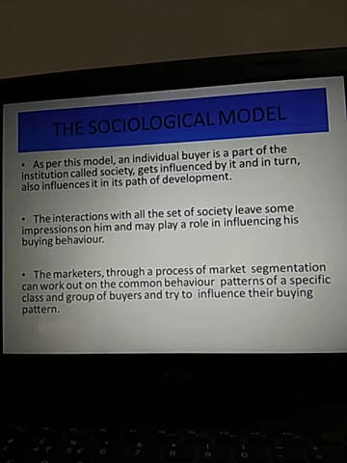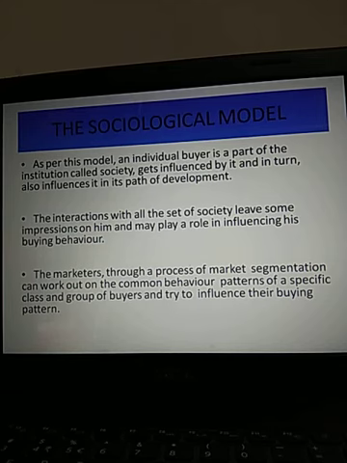The next one is the sociological model. As you all know, human being is a societal animal. We live in a group, we live in a community, we lead our life in organizations. That means whatever the other persons are going to use, their thought process, their influence will work on us also while making any kind of purchase decisions.